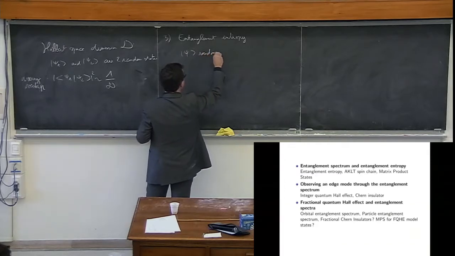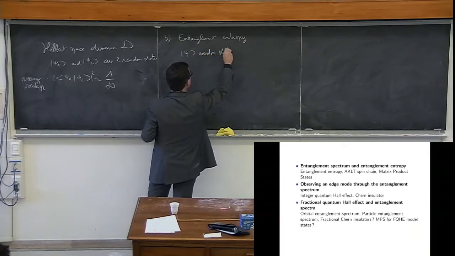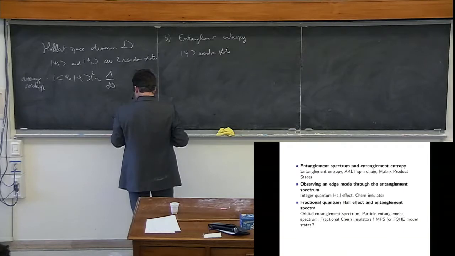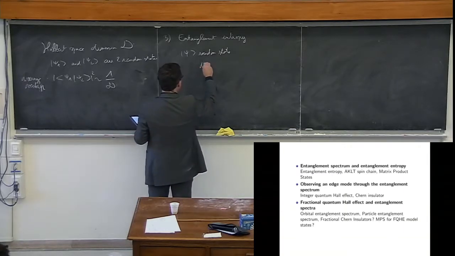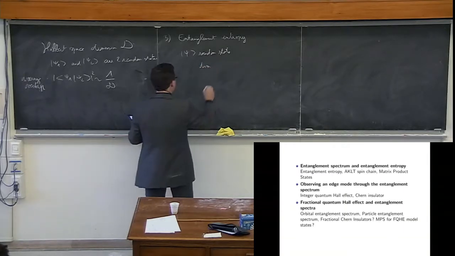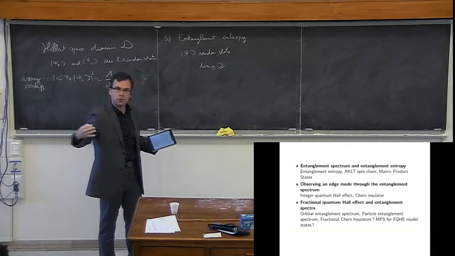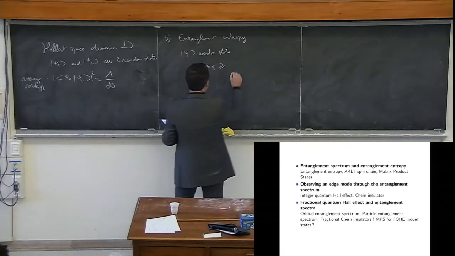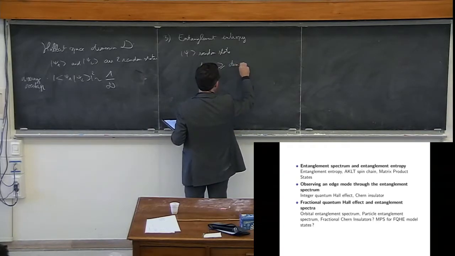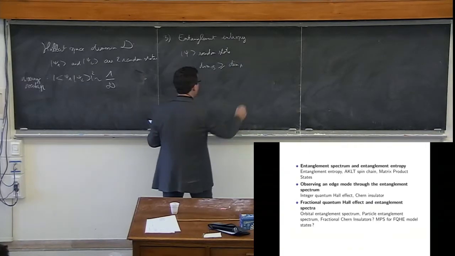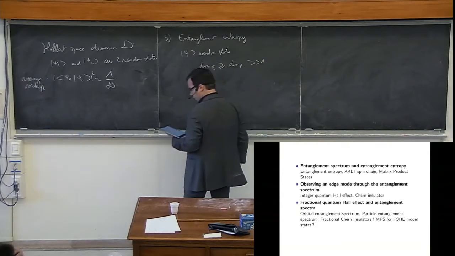So take a random state. I will take the following limit, where the dimension of the subspace corresponding to the B part is larger or equal to the dimension of the A part, which has to be much bigger than 1.